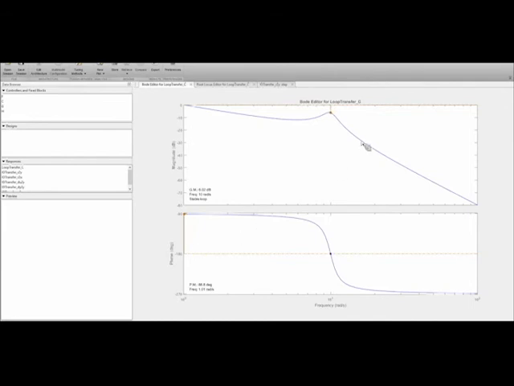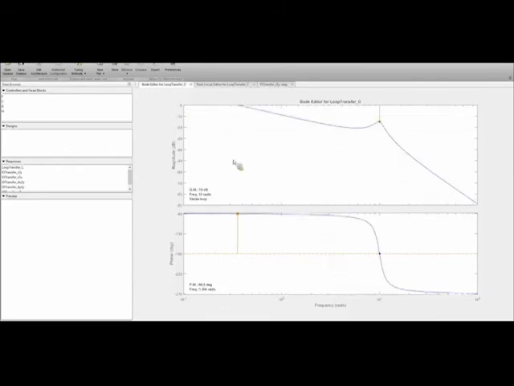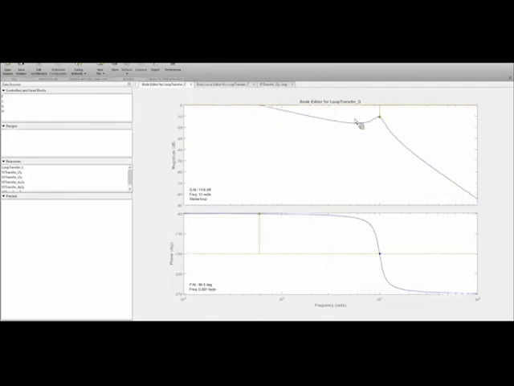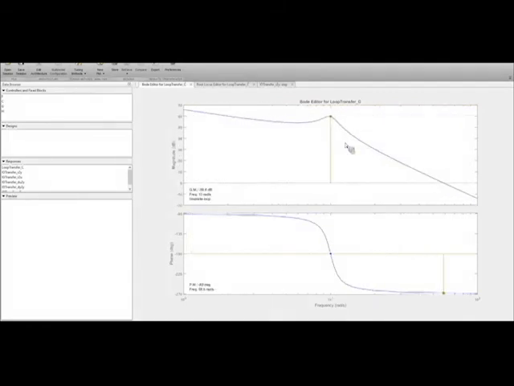If I were to increase the gain on the system, well, one, I made the system unstable. Let me move this down just a little bit. Okay, so what did I just do? It still thinks I'm clicked.